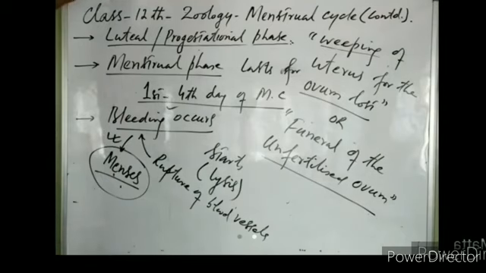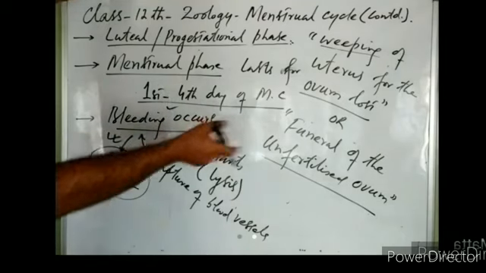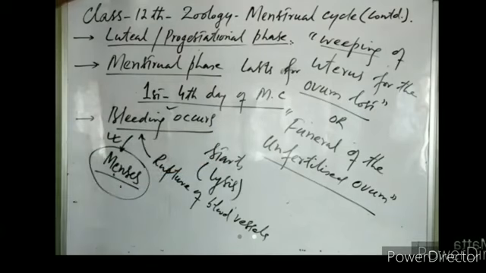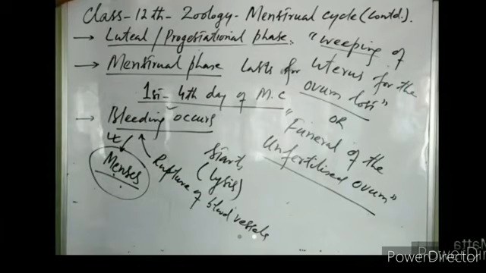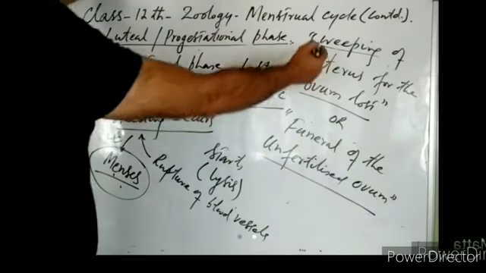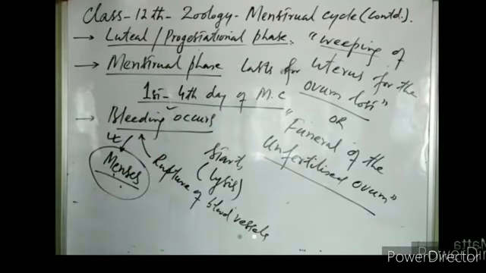It gets wasted, right? So this loss of unfertilized ovum along with blood is known as funeral of the unfertilized ovum. Funeral means janaza, right? So it is the janaza of the lost ovum. That is why we call this menstrual cycle weeping of uterus for the ovum lost, or we also call it funeral of the unfertilized ovum, right?